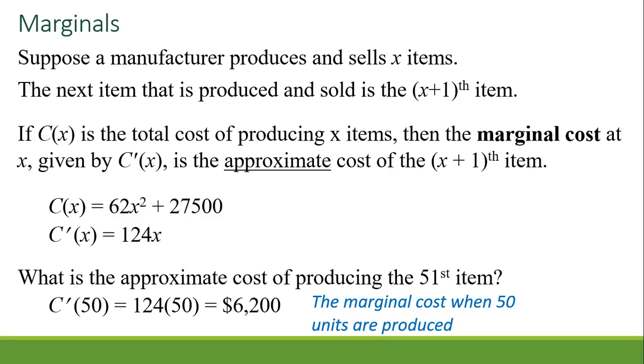We call that the marginal cost when 50 units are produced. That means the approximate cost of the item after the 50th item is produced. As you can see, that's really close to what we came up with for the exact cost of the 51st item. But because we found the marginal cost by using a derivative, we have an approximation for the cost of the 51st item.